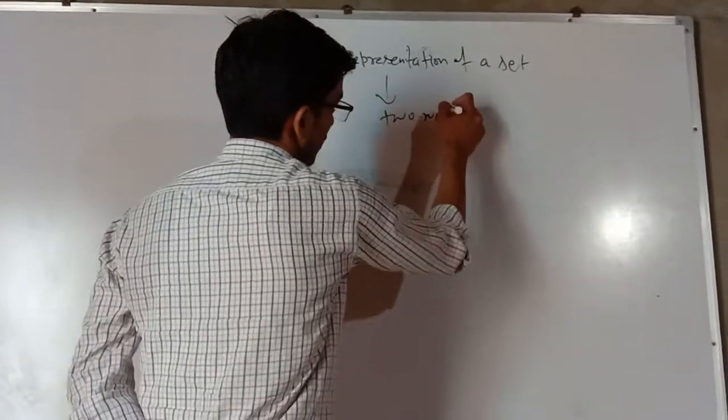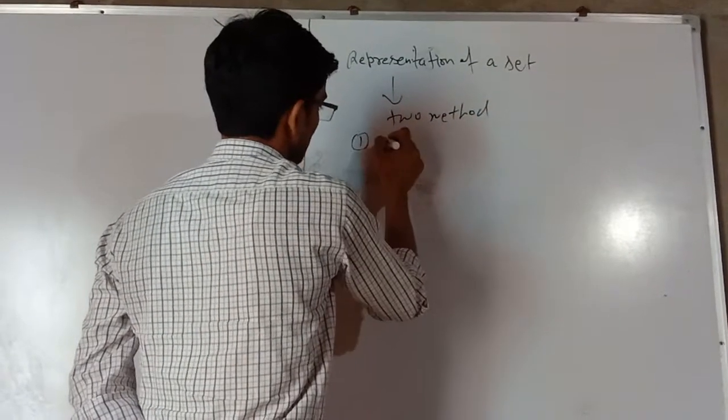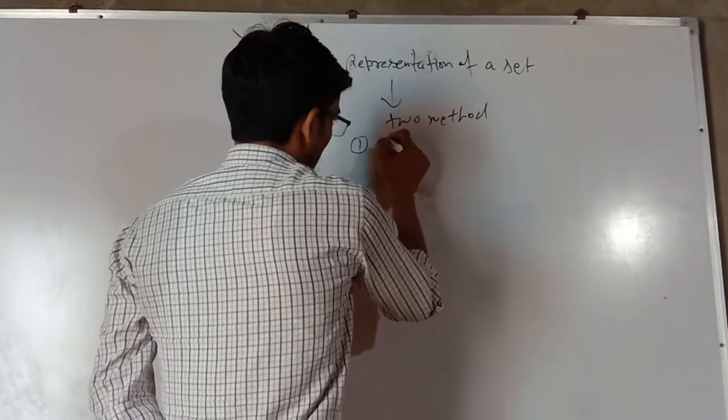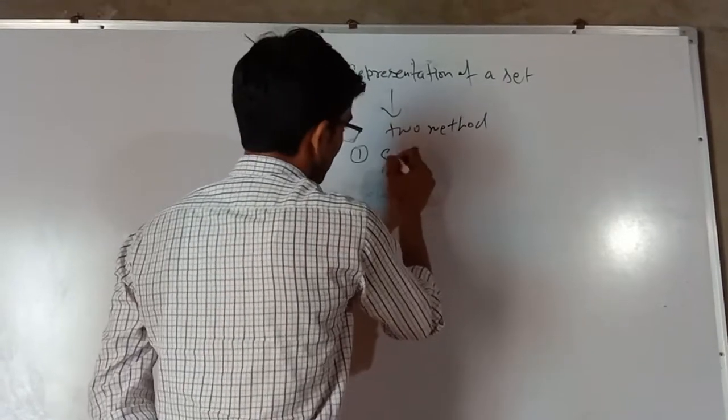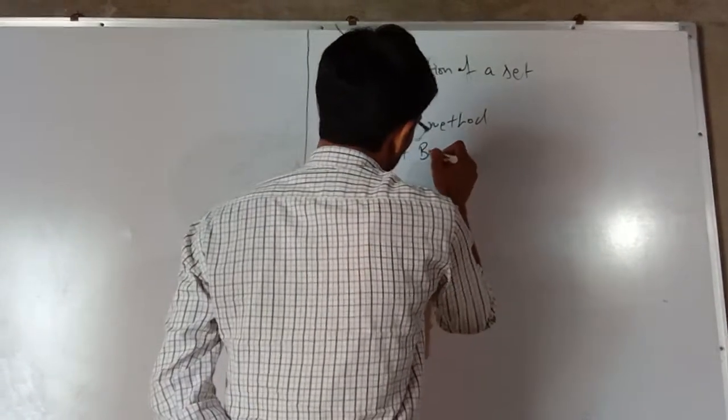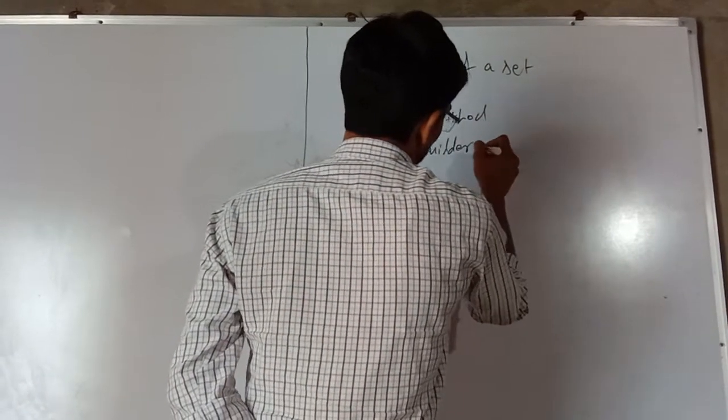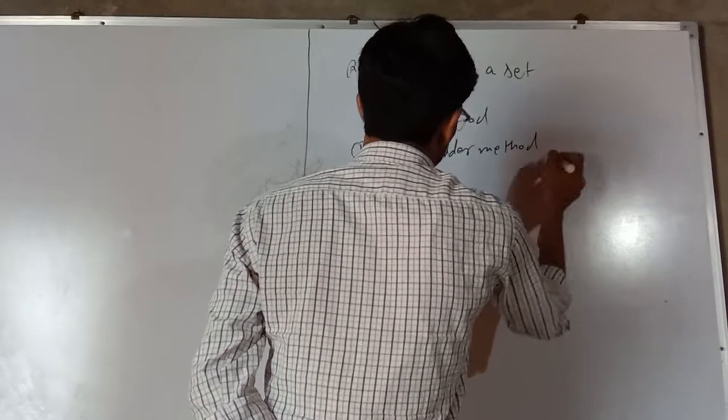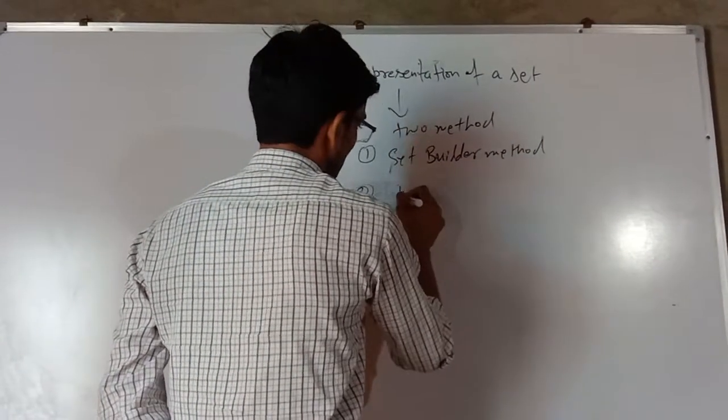First is the set builder method, and second is the listing method.